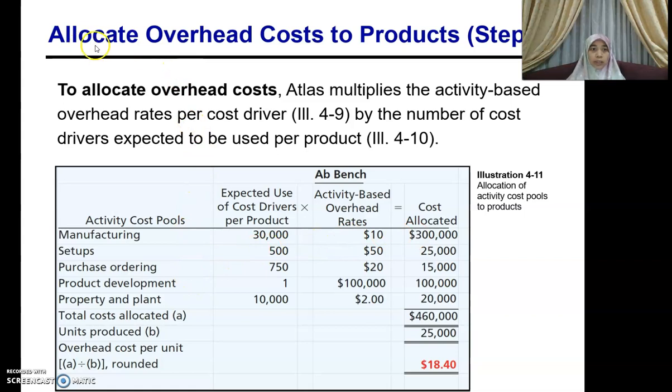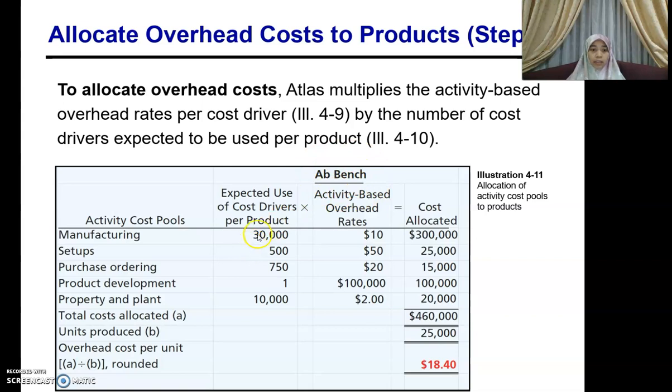The next step is you need to allocate the overhead cost to the product. Once you identify that, you multiply the activity-based overhead rate per cost driver by the number of cost drivers expected to be used per product. So this one you have already identified. For example, we take manufacturing, and let's do App Bench first.